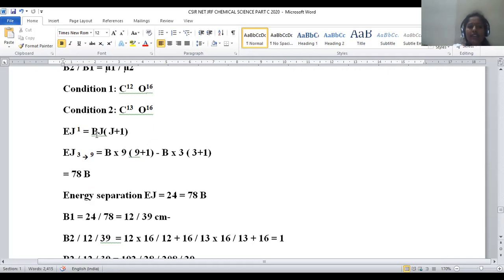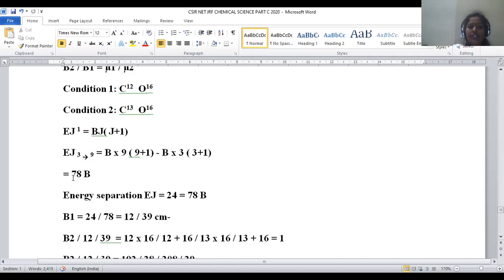The energy of a level is given as B J into J plus 1. For EJ 3 to 9, the J value is inserted: B into 9 plus 1 minus B into 3 plus 1, because we are exciting from level 3 to level 9.